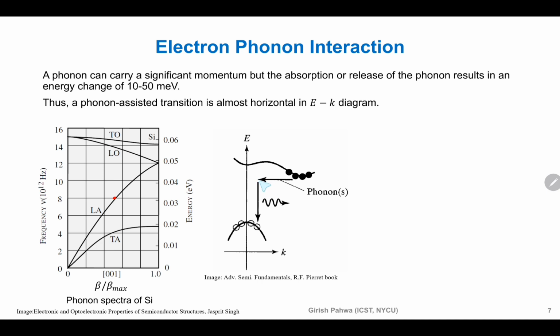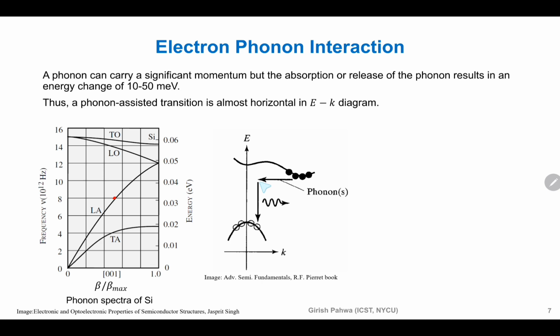Okay, after that electron, because now it is at a smaller value of K, right? So in this process the energy of the electron changes by a very small amount. Now the electron still has to go from here to here, but this amount of energy is large, so a phonon cannot create such an energy difference.